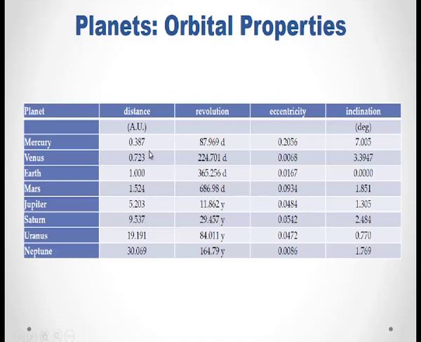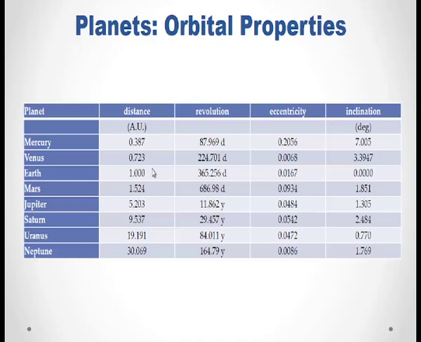Mercury is 0.387 astronomical unit from the Sun. Venus is 0.723 astronomical unit from the Sun. Earth is exactly 1 astronomical unit because the astronomical unit itself is defined by the position of the Earth from the Sun.